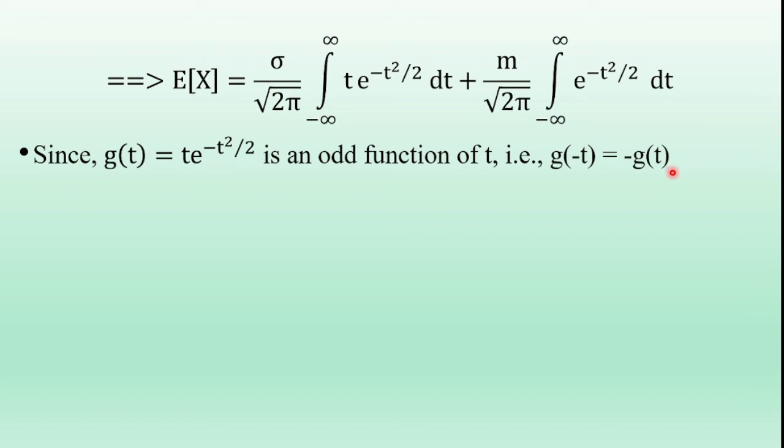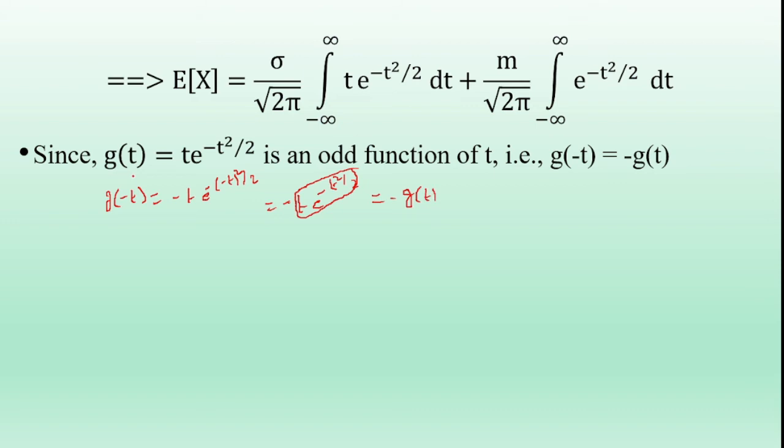I will explain here again. This is the function g of t. Now t is replaced by minus t, so minus t into e power minus of (minus t) whole square by 2. Minus t whole square is t square, so we get minus t into e power minus t square by 2. What is this? This is the function g of t. Therefore, minus g of t.